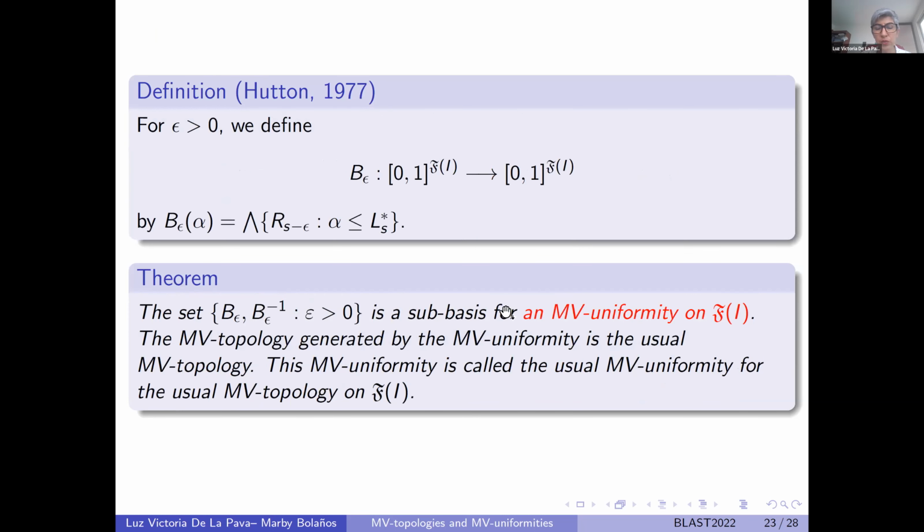And we define too an MV uniformity on the fuzzy interval. Again, we took Hutton's ideas, and we generate that MV uniformity from these functions, taking this function as a subbase. The MV topology generated by the MV uniformity is the usual MV topology, and this is the usual MV uniformity for the usual MV topology on the fuzzy interval.